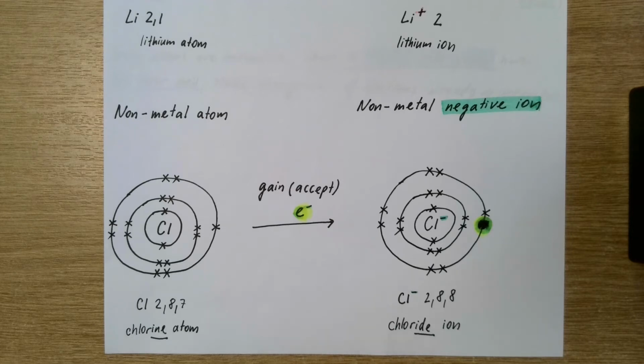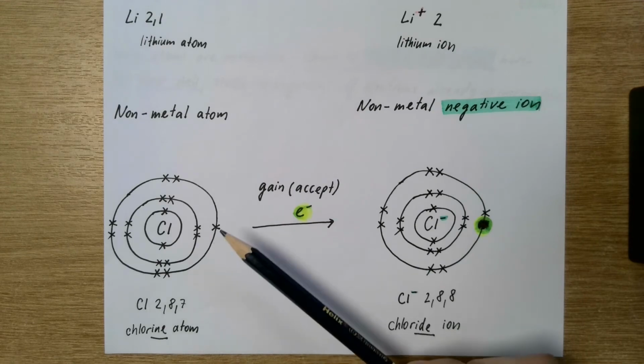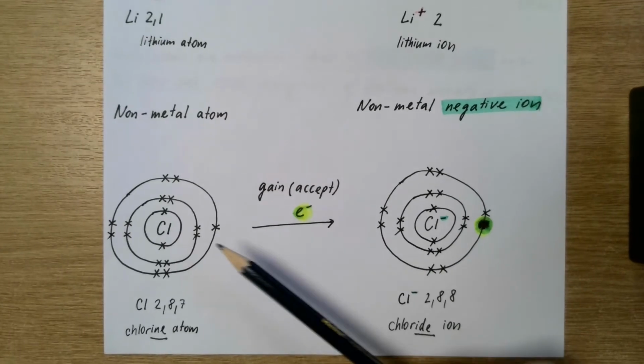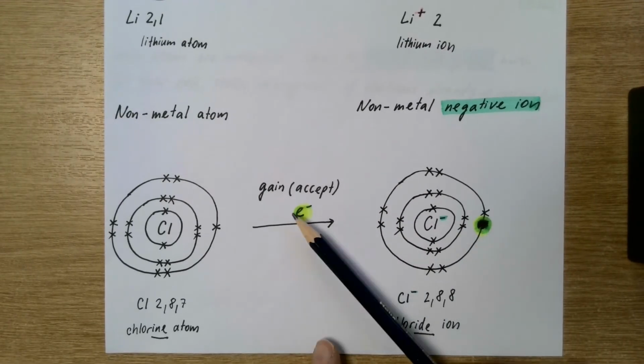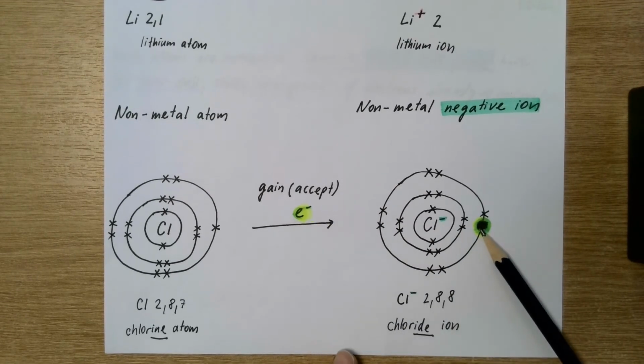To become stable, it means to have a full outer shell, in this case 8 electrons. So it wants to gain an electron. By gaining the electron, it will complete its outer shell, as over here. Look, it will gain 1 electron. This is the gained electron. Often, these non-metals gain an electron from metal atoms.